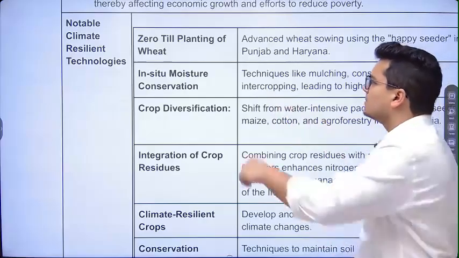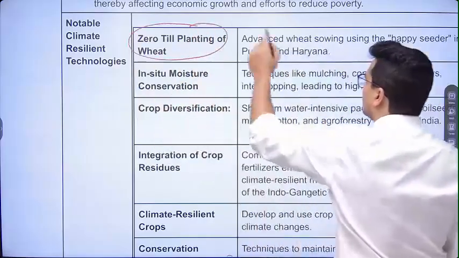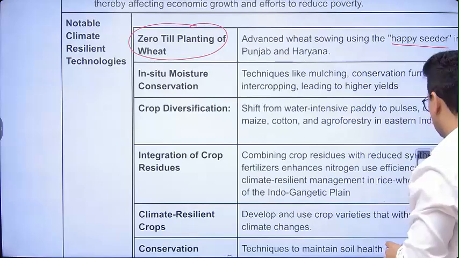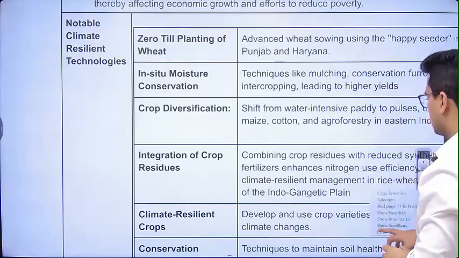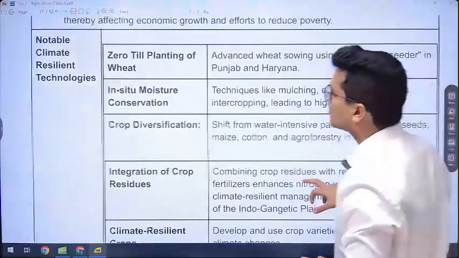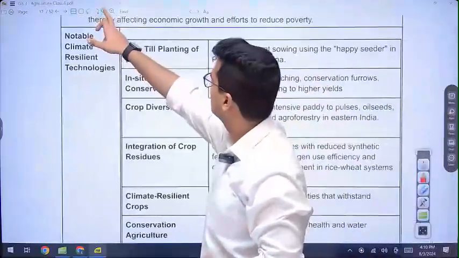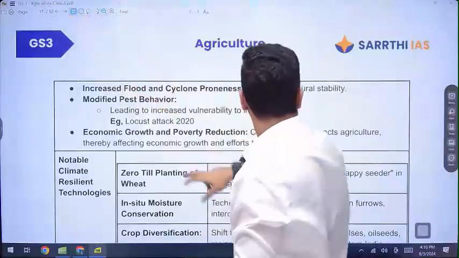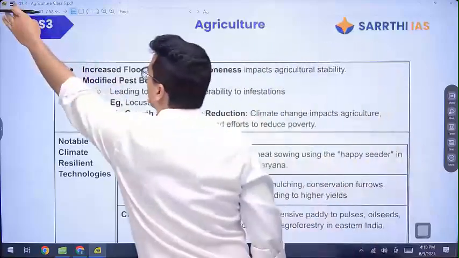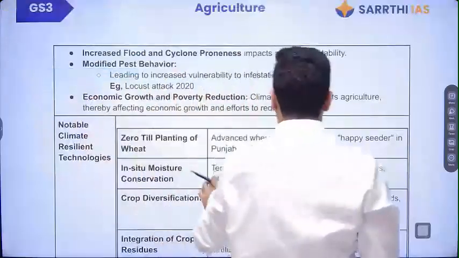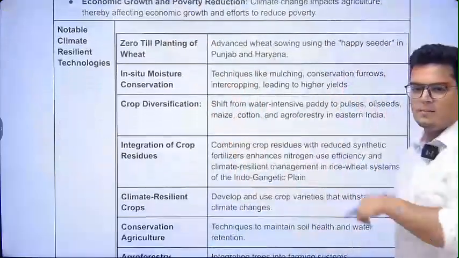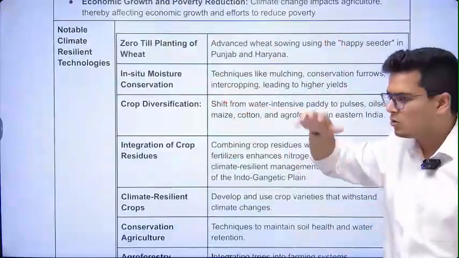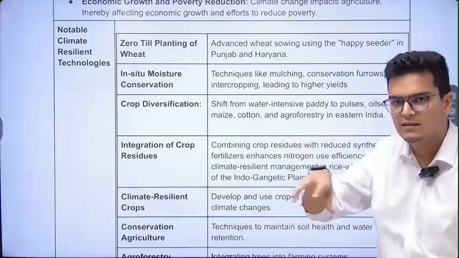For example, zero till planting of wheat, such as things like happy seeder, techniques like mulching, where you conserve the moisture within the soil.